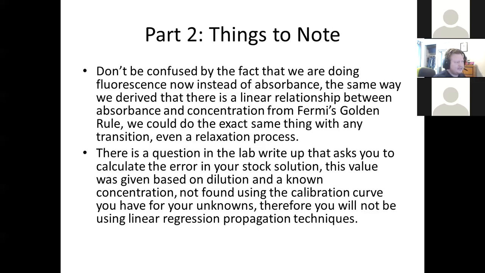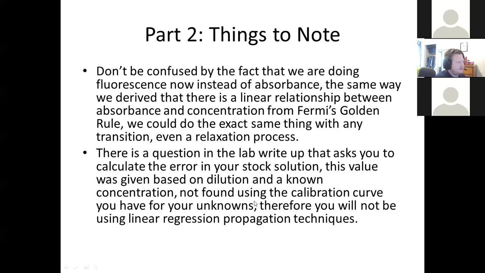Because this is the concentration of your stock solution, which is a quote-unquote known, you're not finding that with the calibration curve. So this is not a linear regression type of propagation like you've been doing. This is just propagating error the standard way based on an unknown.